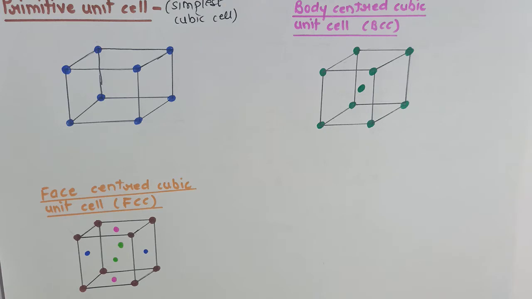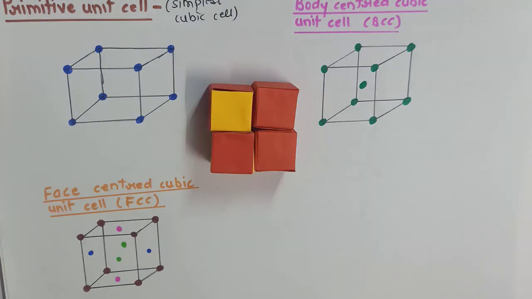Now the question is, when we say one unit cell has 8 constituent particles at 8 corners, are they giving equal contribution to that unit cell, or do they have different types of contribution? To know the number of atoms per unit cell, we have to understand how much each constituent particle contributes to every unit cell.